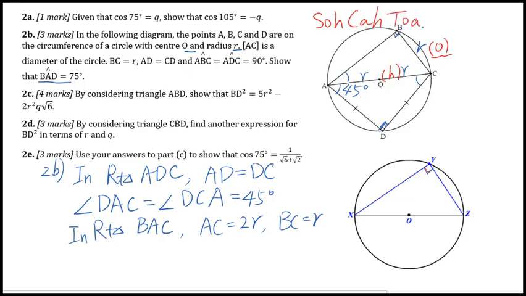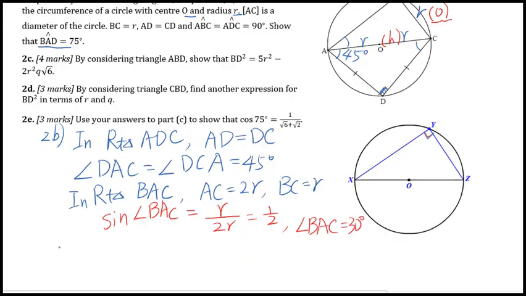You will get sine angle BAC equals R over 2R equals 1 over 2. So angle BAC equals 30 degrees.